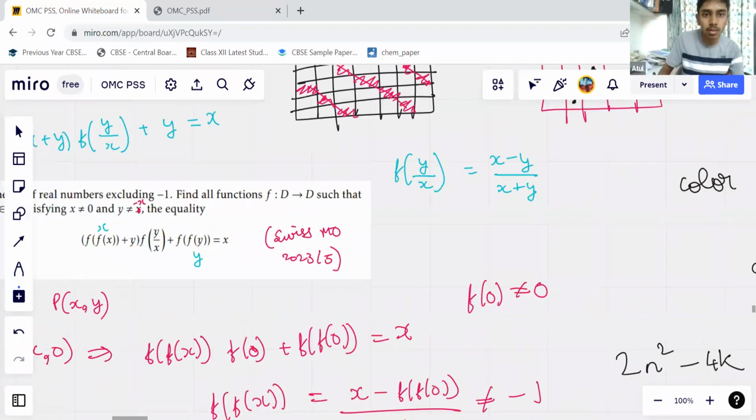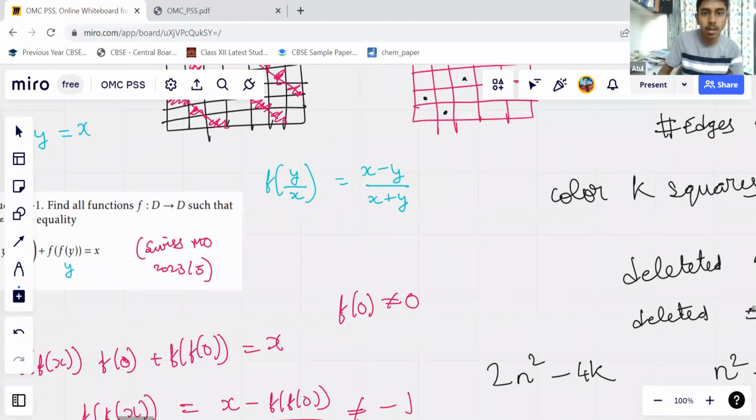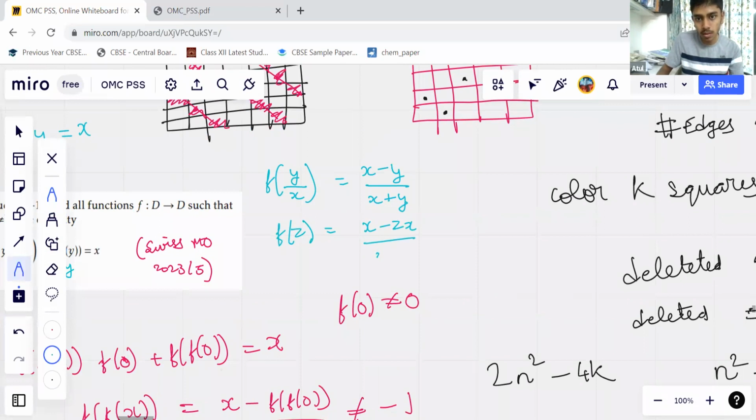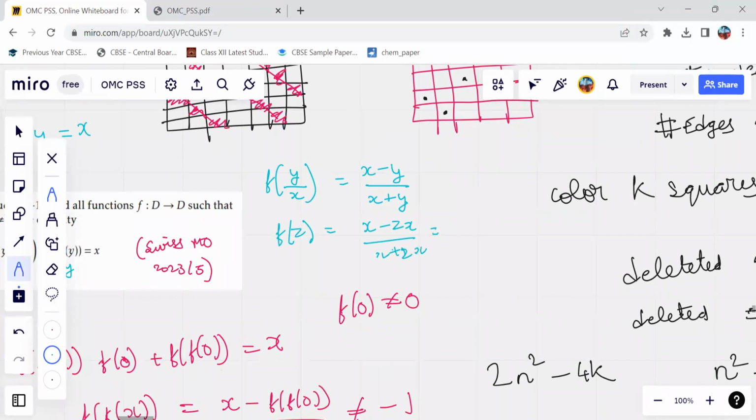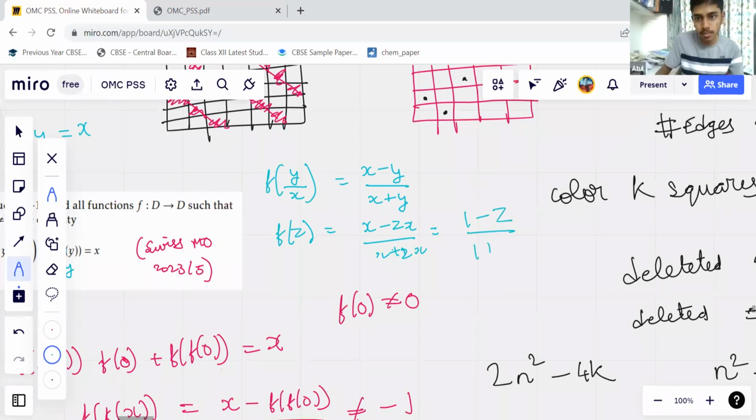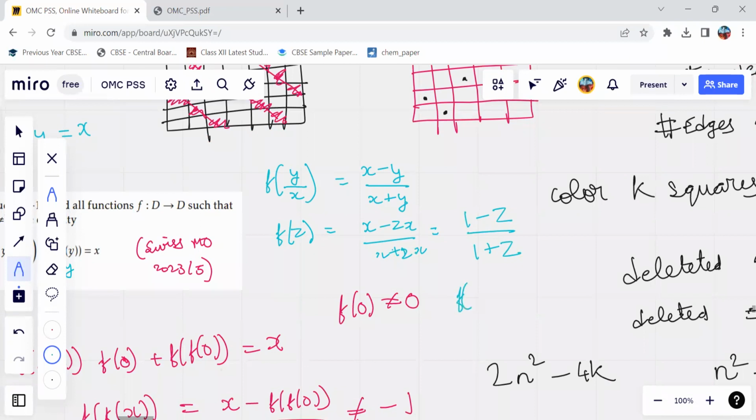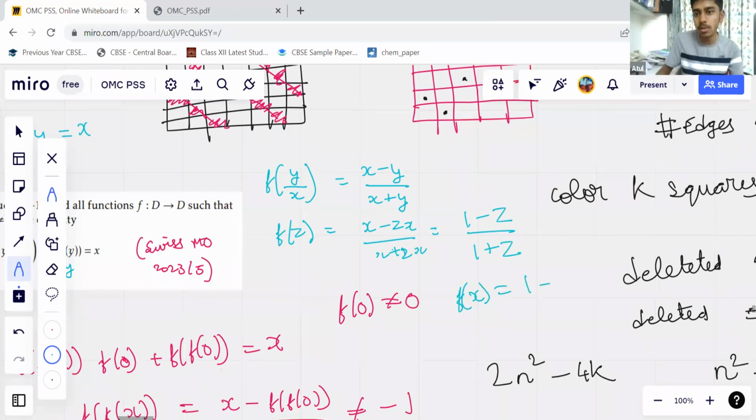Put x equal 1. We need to put y equals something times x, zx, giving 1 minus z upon 1 plus z. That's why minus 1 is excluded. So f of x equals 1 minus x by 1 plus x.